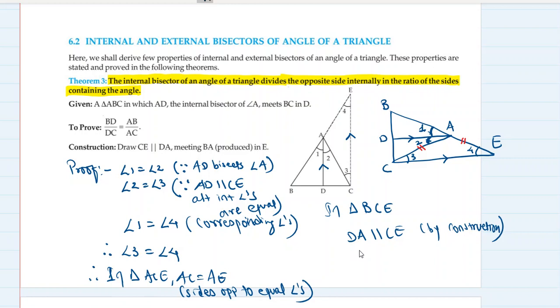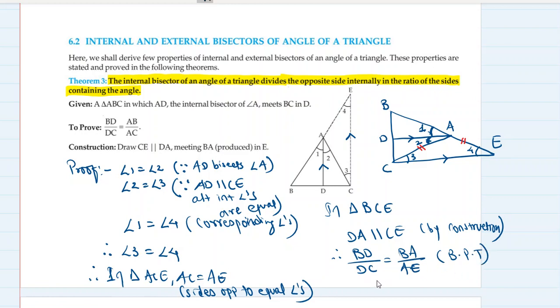Therefore, you can say that BD upon DC is equal to BA upon AE. Why? BPT, basic proportionality theorem.